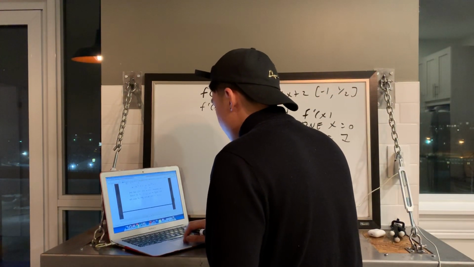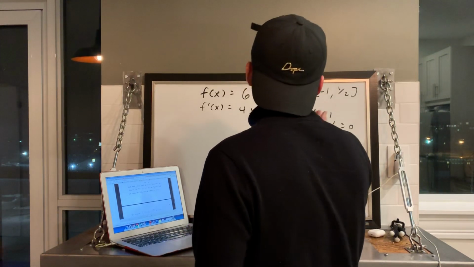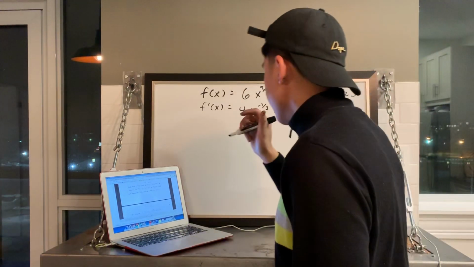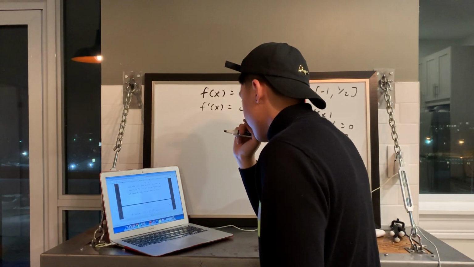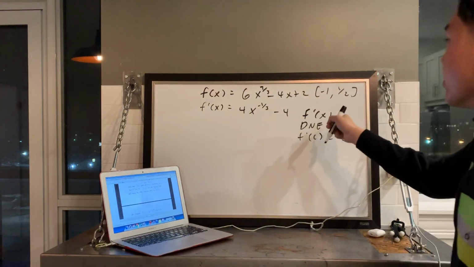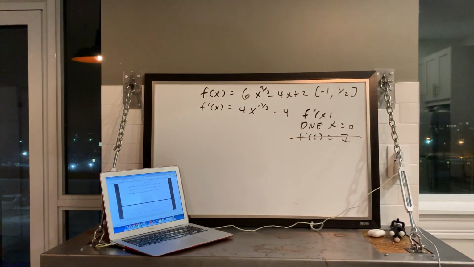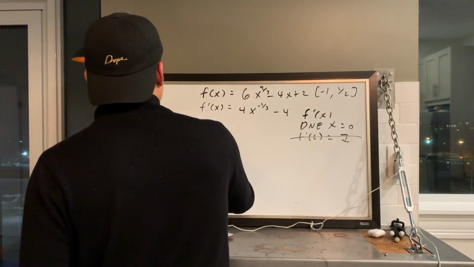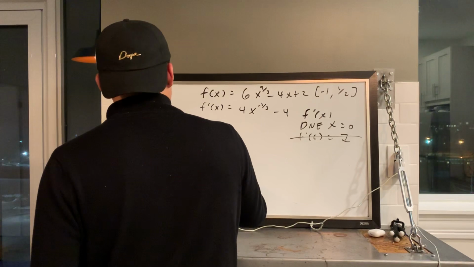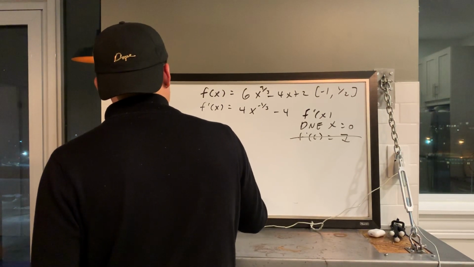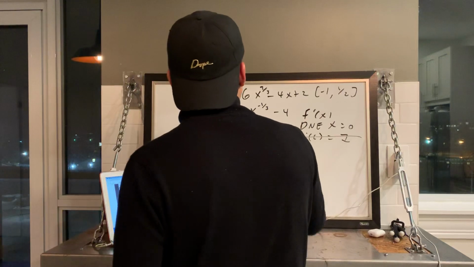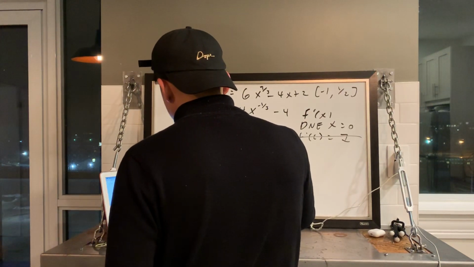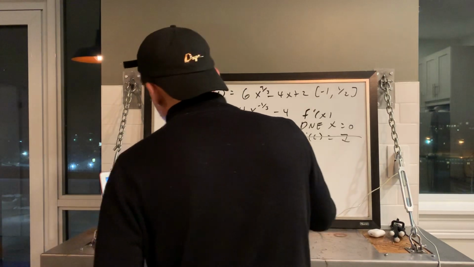0 is in this domain, but 1 is not in this domain. So we do not count 1, because we have to look at the interval that we're given to start off. So we test our critical points and our endpoints in our function, and you can do this on your own time as well.